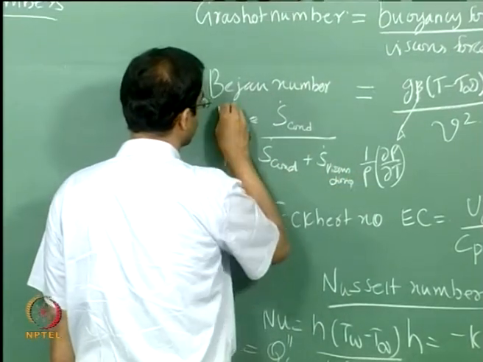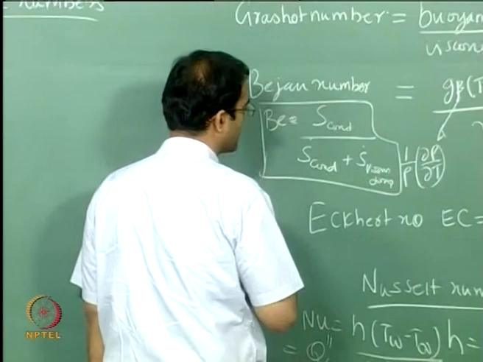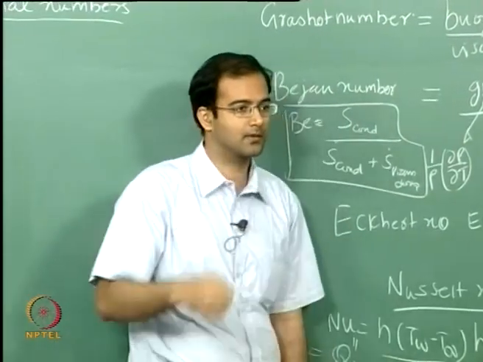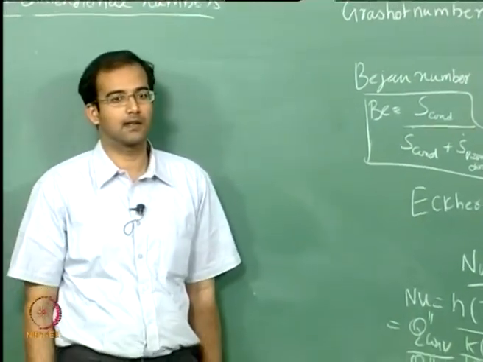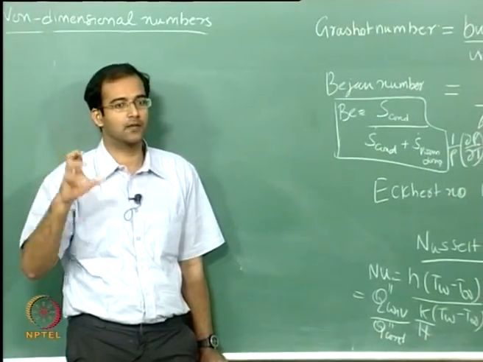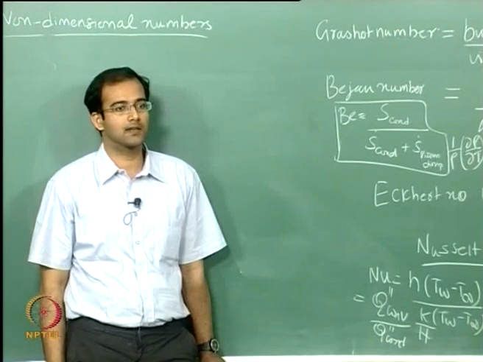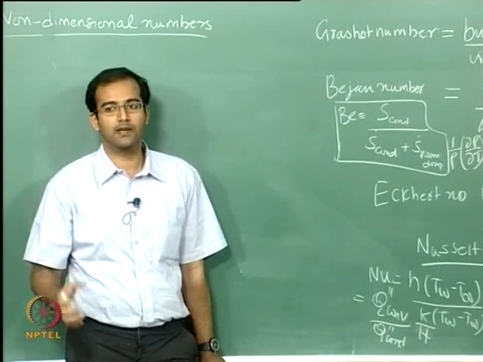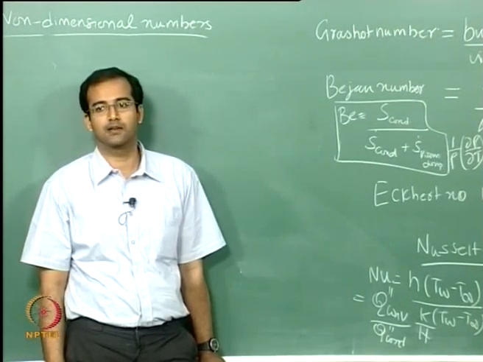So you can substitute the appropriate terms and you will arrive at what we have derived in the last class. So essentially it characterizes, quantifies, the entropy generation contributed by conduction over the total entropy generated.